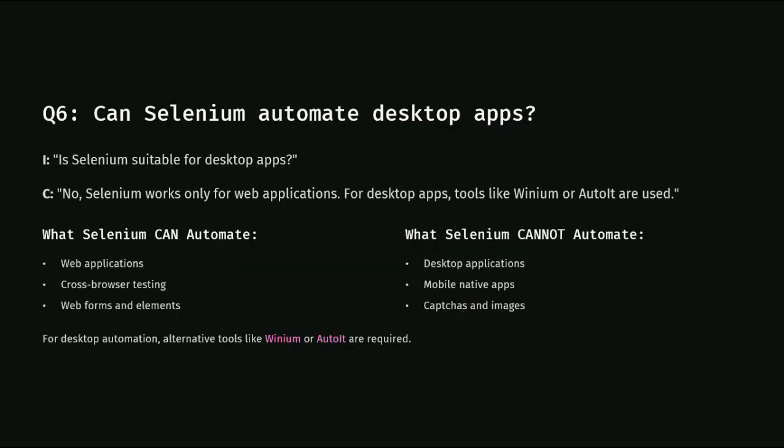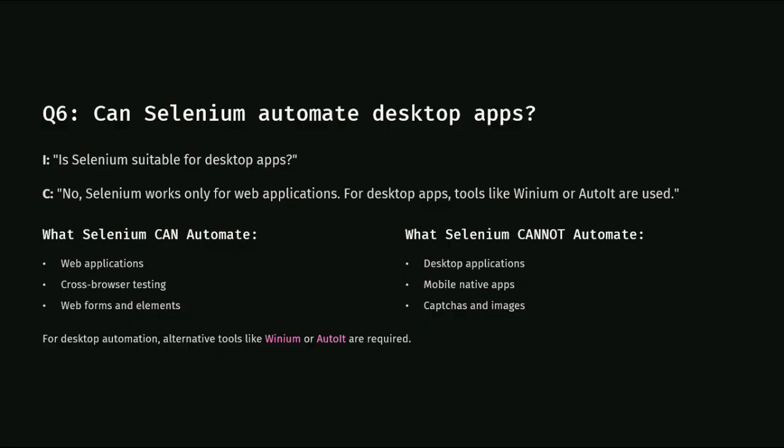Next question. Can Selenium automate desktop apps, or is Selenium suitable for desktop apps? Candidate: No. Selenium works only for web applications. For desktop apps, tools like Vimium or AutoIt are used.